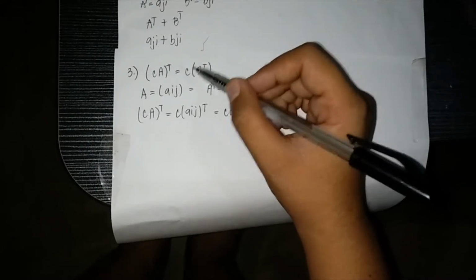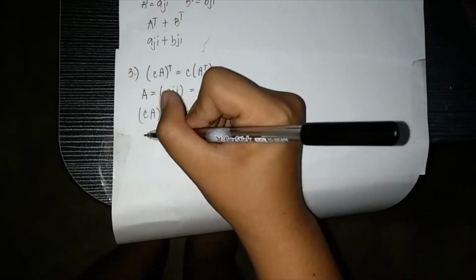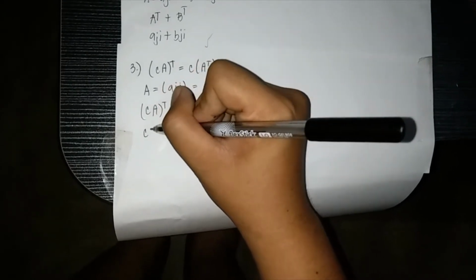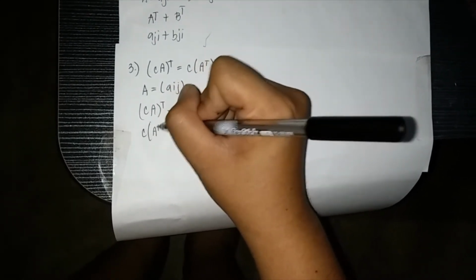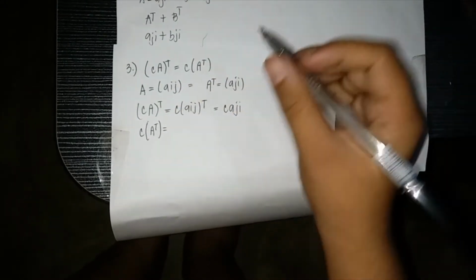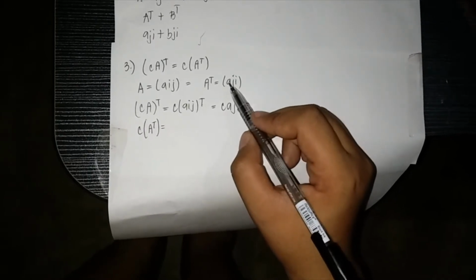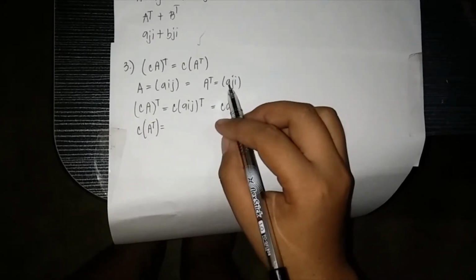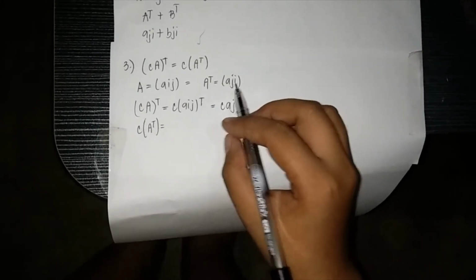So now let's prove C A transpose. We already know the value of A transpose. This is the value of A transpose: we have Aji.